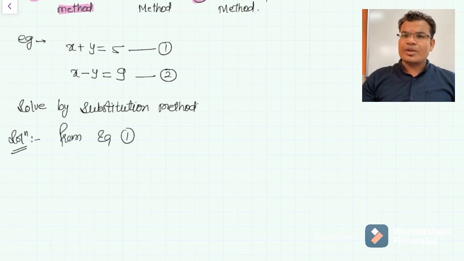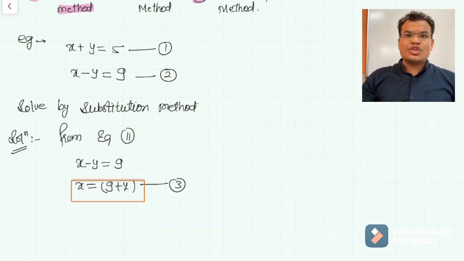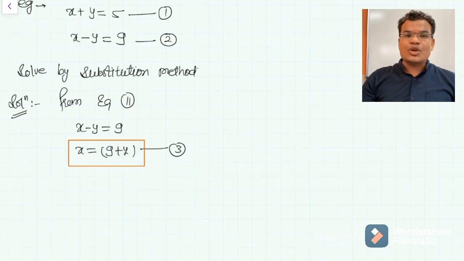Basically the minus sign becomes plus sign when it moves across. So from x minus y equals 9, we get x equals 9 plus y, and this will be equation number 3. We'll substitute this value of x in equation number 1. This is called the substitution method. Basically we are substituting one variable in the other equation.